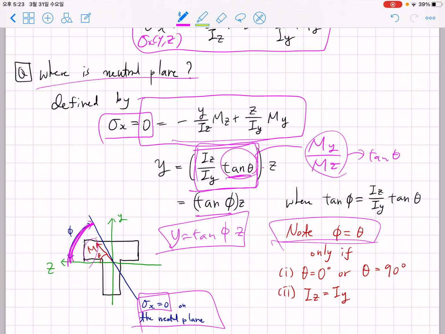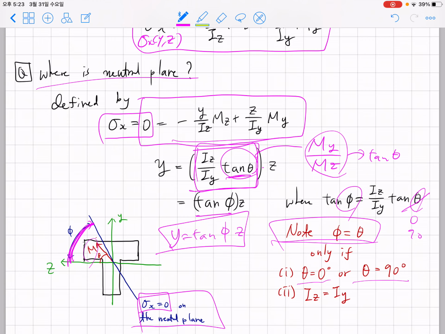It goes through the neutral plane only if theta is 0 or 90 degrees. Then you can see that phi and theta will be identical numbers.